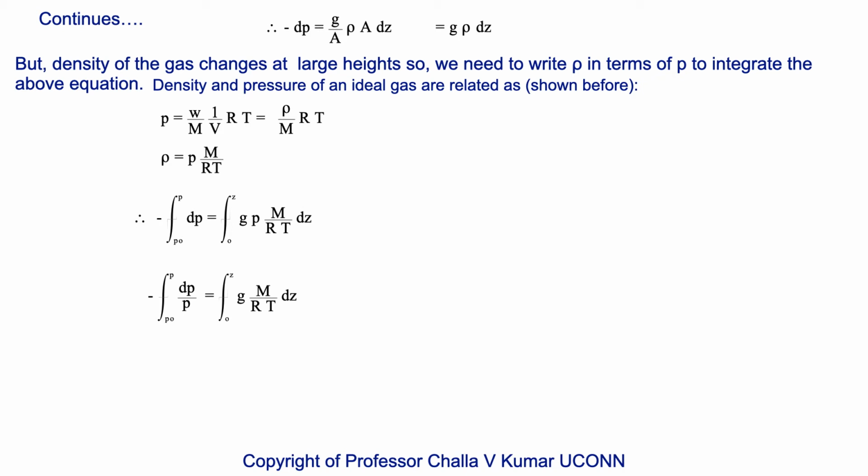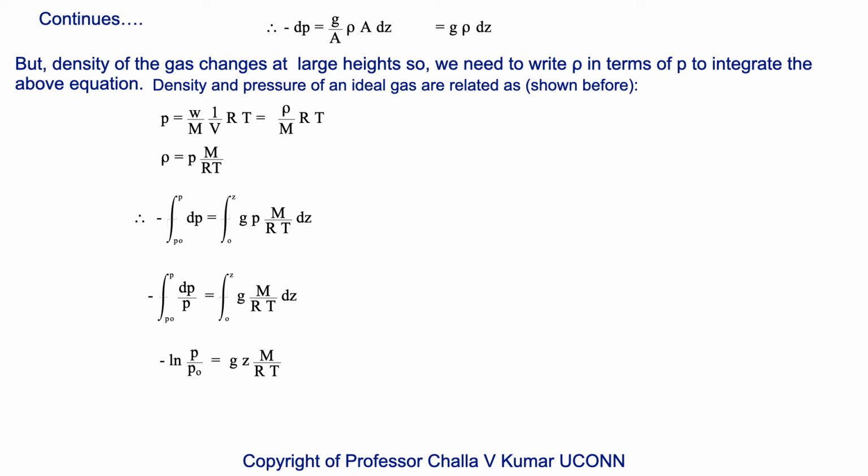Now we can easily integrate this because the integral of 1 over x dx is something you have learned in your calculus, and therefore we can write that. On the right-hand side, it's a simple integral of dx. Therefore, we write the integrals with their limits, and we come back with this expression: minus log P over P0, the integral on the left side, equals gzM over RT.